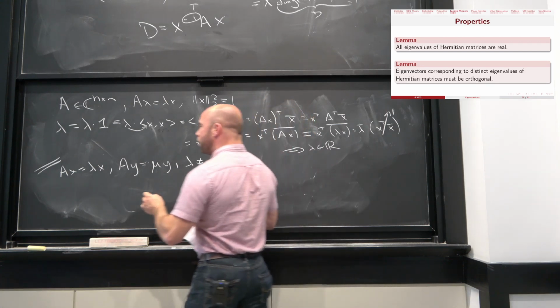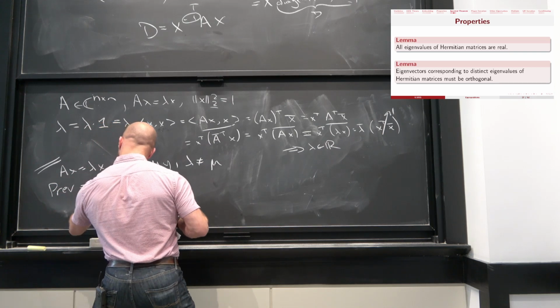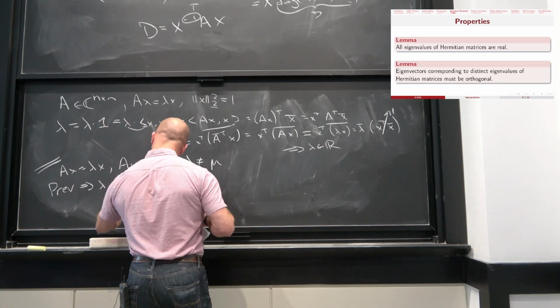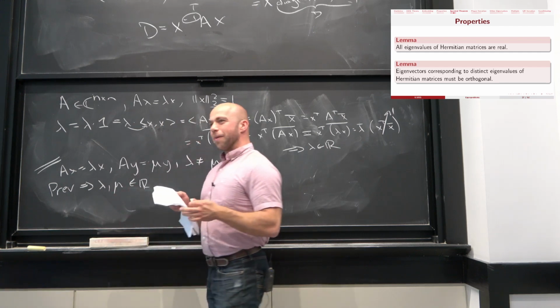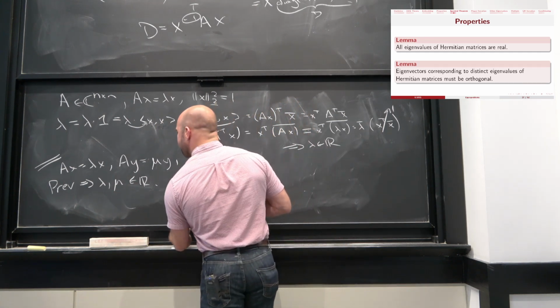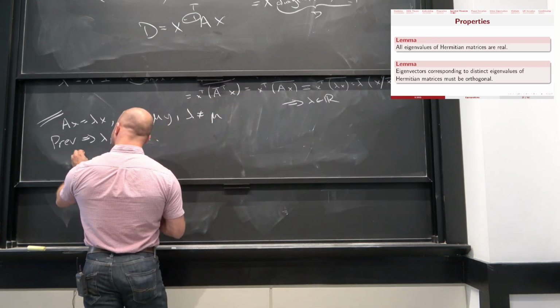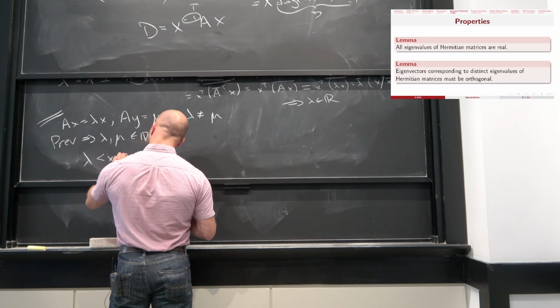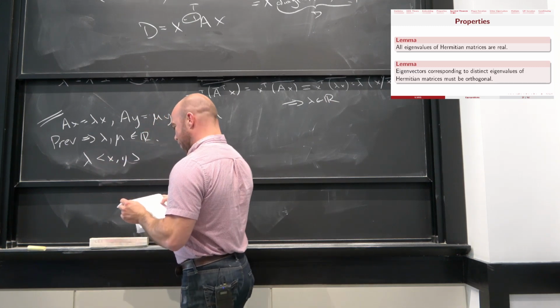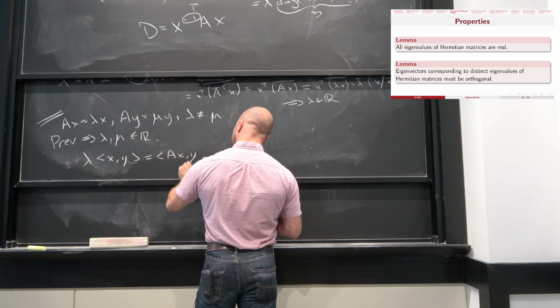Now, our previous result shows that lambda and mu are both real valued. That's what we just showed a minute ago. So now we're going to do the same kind of proof again. Let's take lambda times the inner product of x and y. Just like before, this is Ax inner product y.